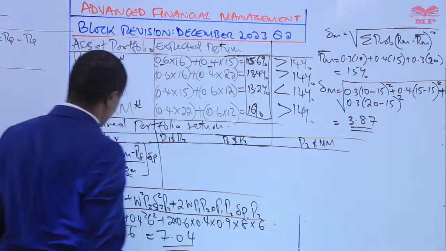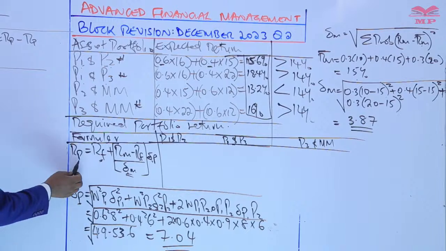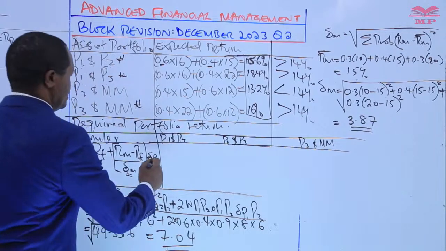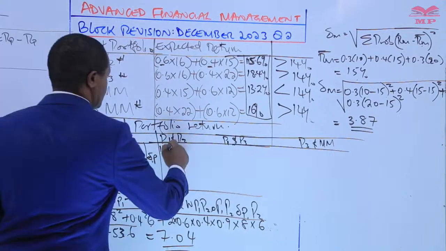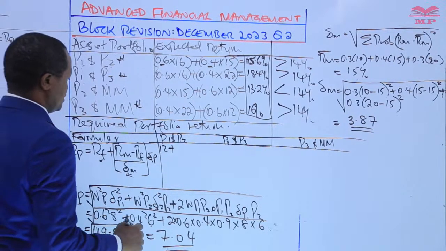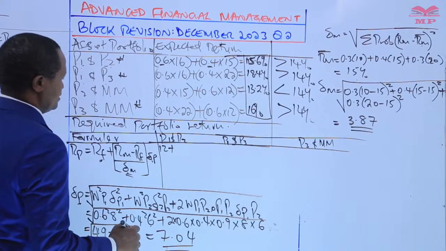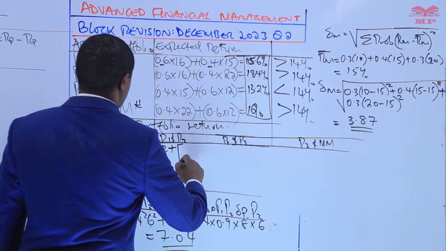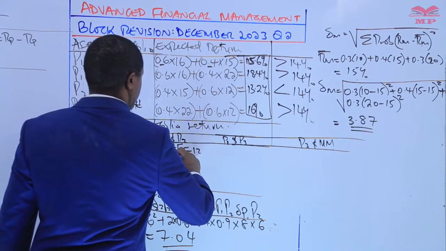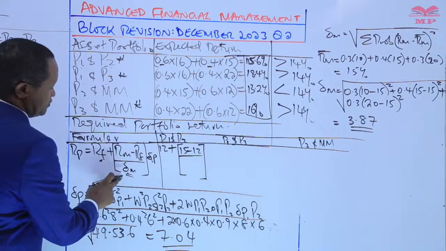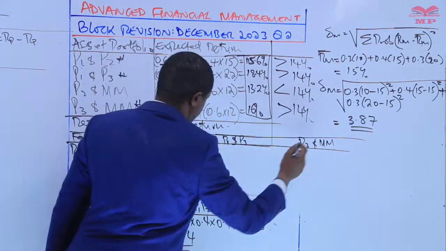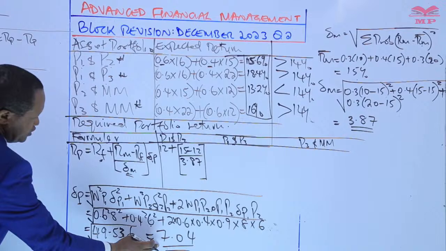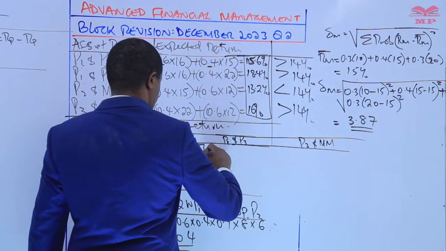So with that, candidates, we can now calculate the required rate of return for portfolio P1, P2, because we have the risk-free rate of 12% plus the market return of 15% minus 12%, divided by the standard deviation for the market, 3.87, times what we calculated here, the standard deviation for the portfolio, 7.04.